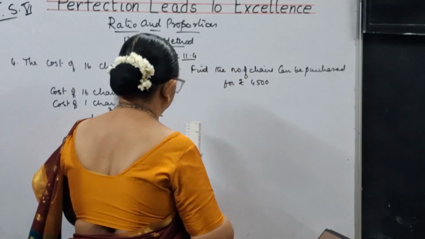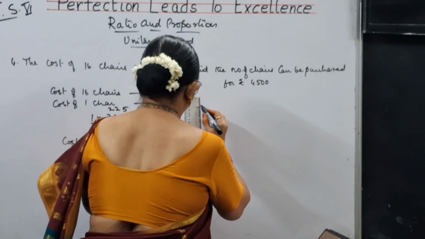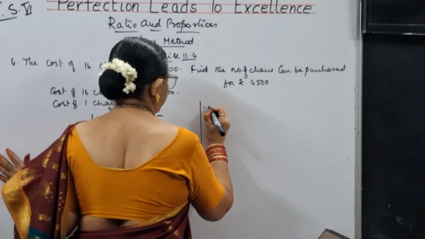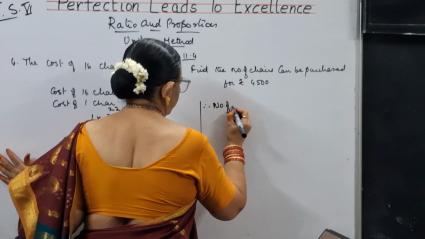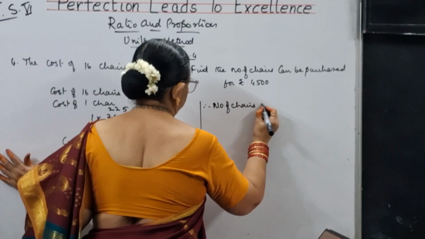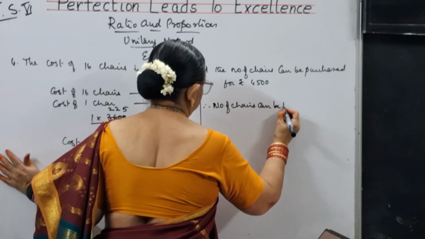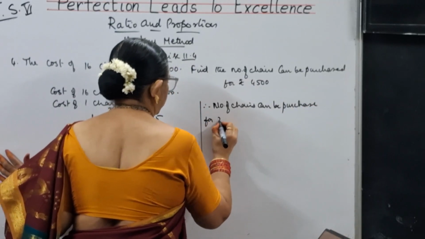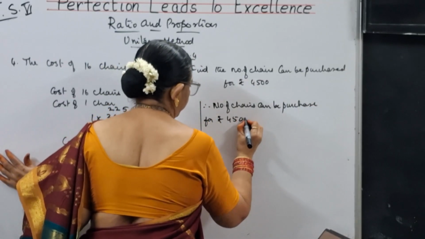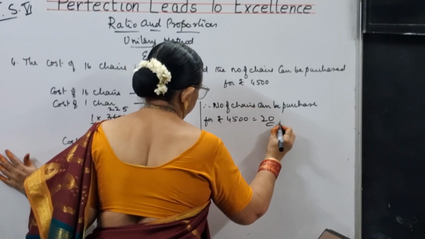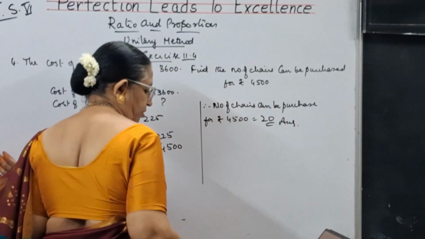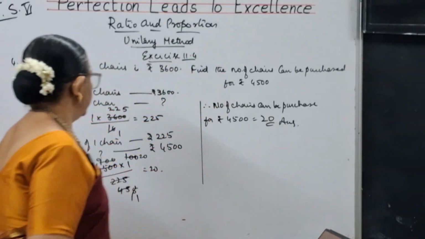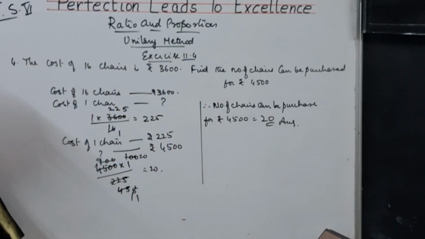Number of chairs that can be purchased for rupees 4500 is equal to 20 chairs he can purchase. This is the answer, children. Please note it down. This is the fourth sum.